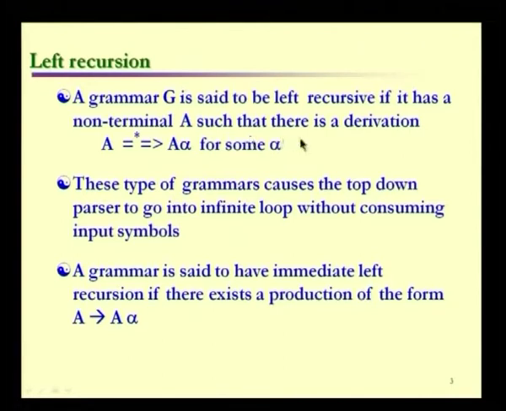We know that grammars are used for constructing the parsing table, and the parsers make use of the parsing table for parsing the sentences. The parsing can be done either in top down fashion or in bottom up fashion.